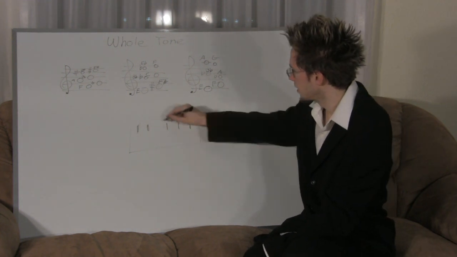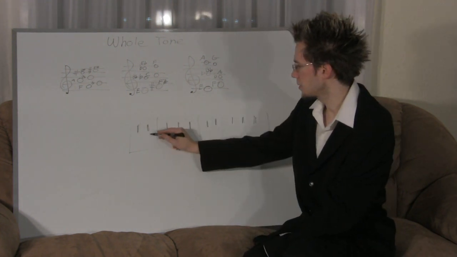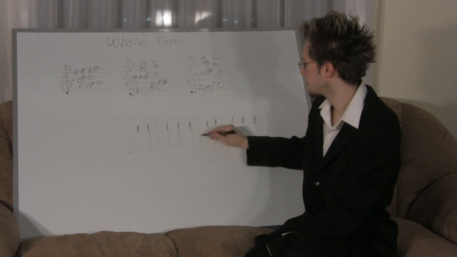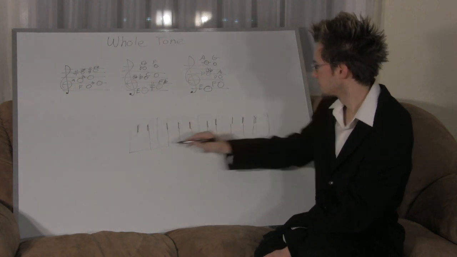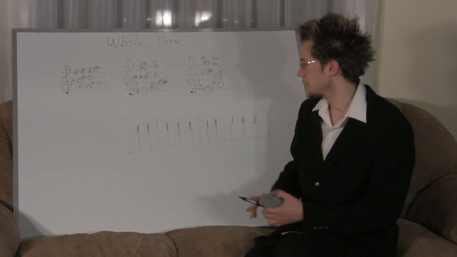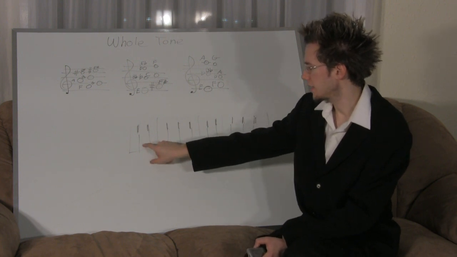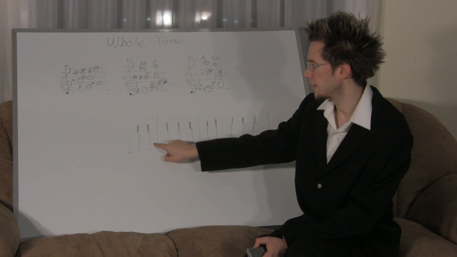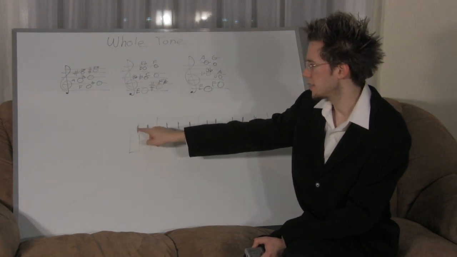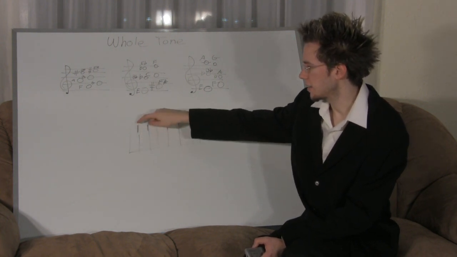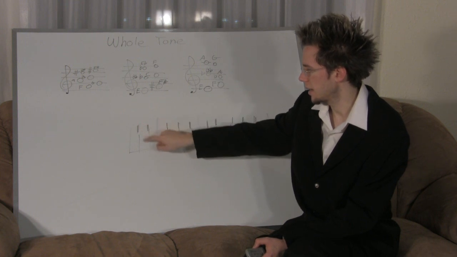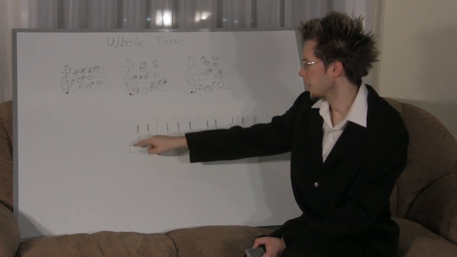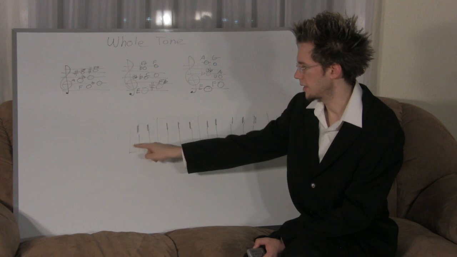Right? Okay, now what happens right here? Here I have D, and in between I have a D sharp, and then I have E. And here I have C, C sharp, and D. I could call C sharp also D flat, but it doesn't really matter. I have a note in between these 2 white keys.